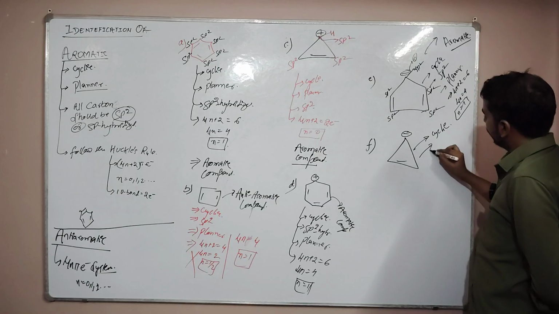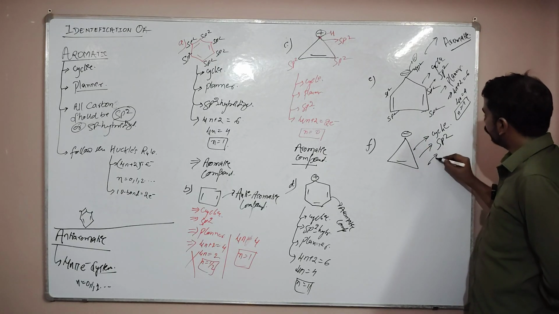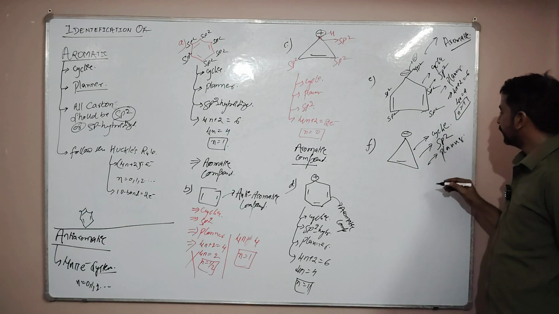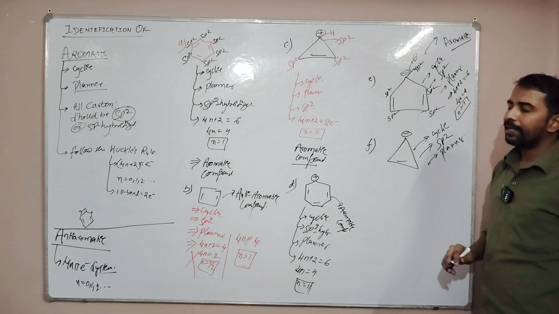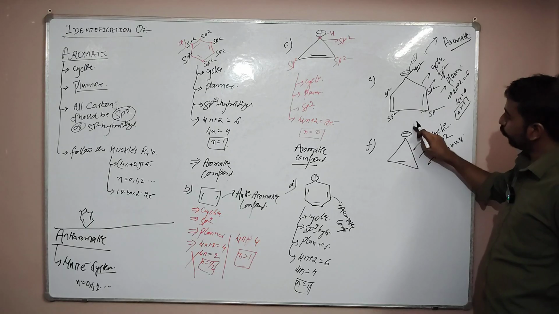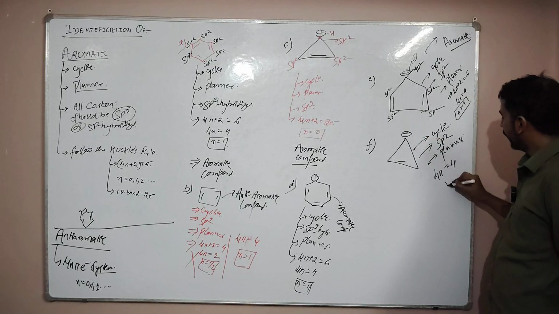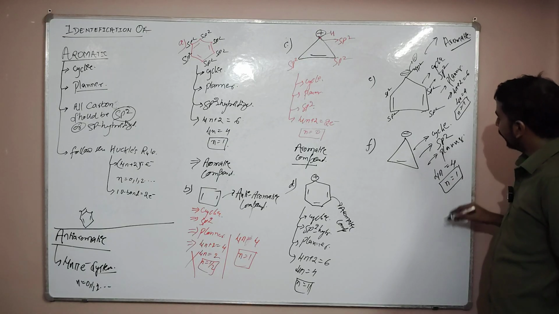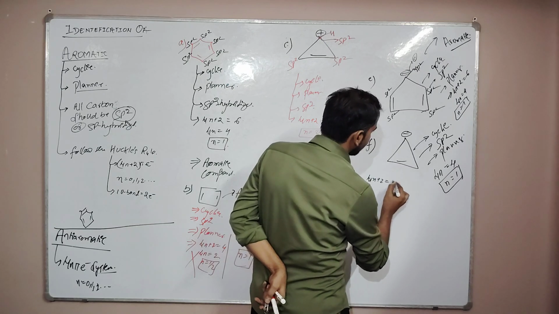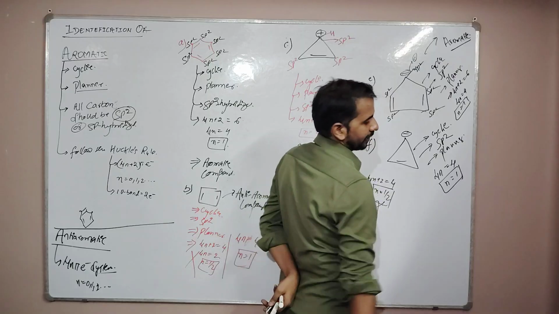Next, all carbons are sp2 hybridized. sp2 means it is a planar compound, and for a planar compound we have to discuss whether it is 4n pi electrons or 4n plus 2 pi electrons. So here you see 1, 2, 2 means a total of 4 electrons, so it follows 4n is equal to 4, n is equal to 1. That's why it is not 4n plus 2, because that would give n as 1 by 2, and it cannot be a fraction.